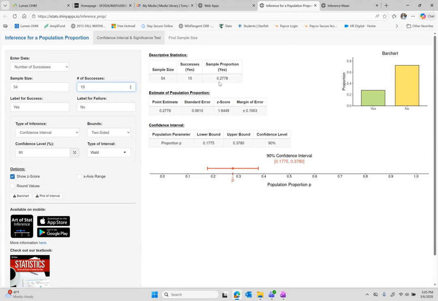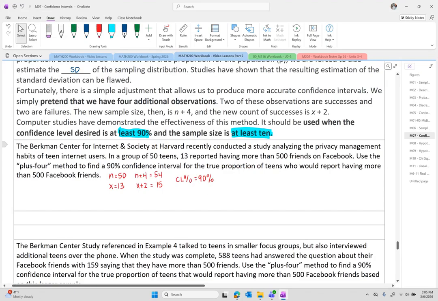So I end up with a 0.2778 p-hat. This p-hat is right in the middle of my interval. The standard error, the margin of error came to be 0.1003. So I have the confidence interval of 0.1775 to 0.3780.